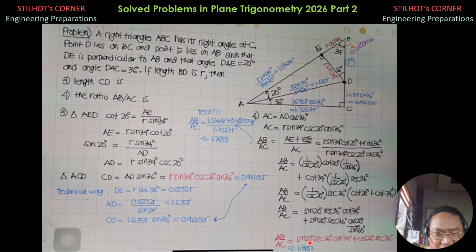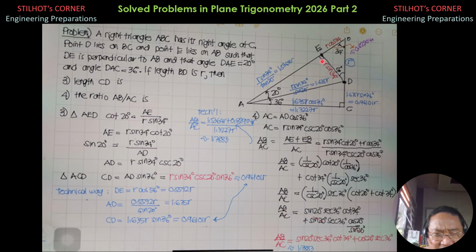But anyway, I'll proceed with the proper or traditional way of solving this problem. This is the technical way. Always apply the technical way. So this is AC, AD cosine 36. AB is AE plus EB over AC.